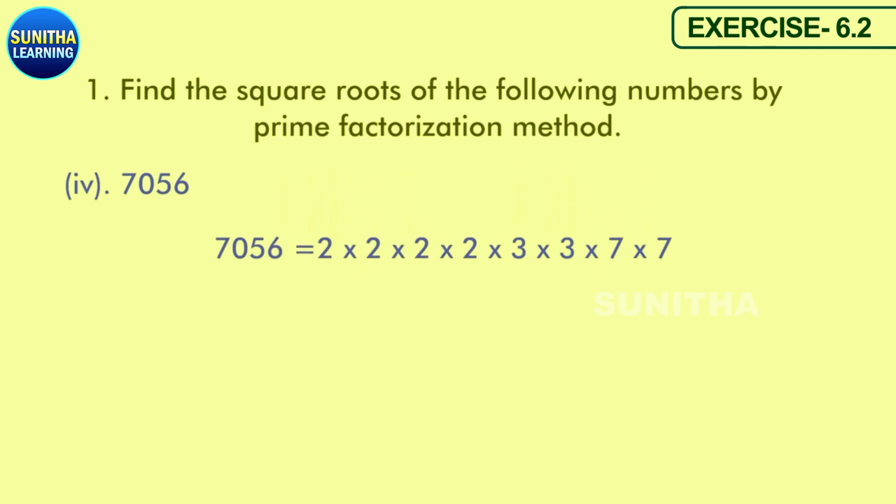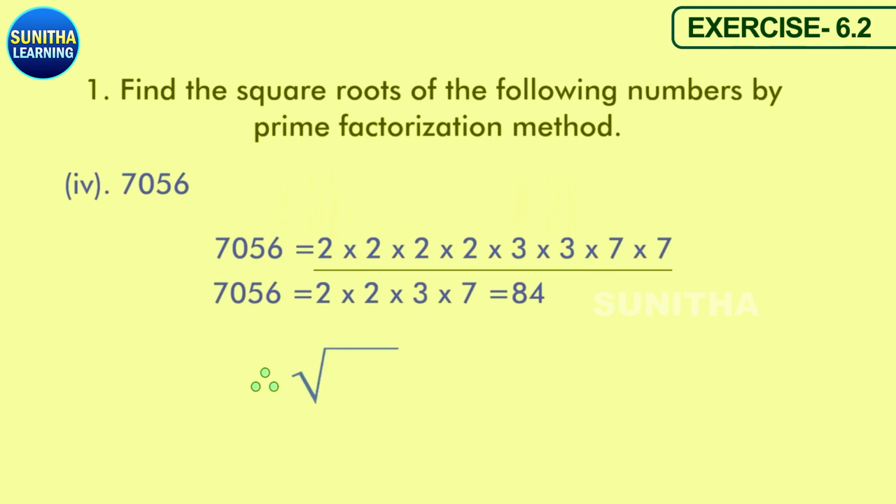Therefore, four 2s, two 3s, and two 7s. From four 2s, take two 2s as square root; from two 3s, take one 3; from two 7s, take one 7. Multiplying 2 into 2 into 3 into 7: 2 2s are 4, 4 3s are 12, 12 7s are 84. 84 is the square root of 7056. Like this we have to do the prime factorization of given numbers.